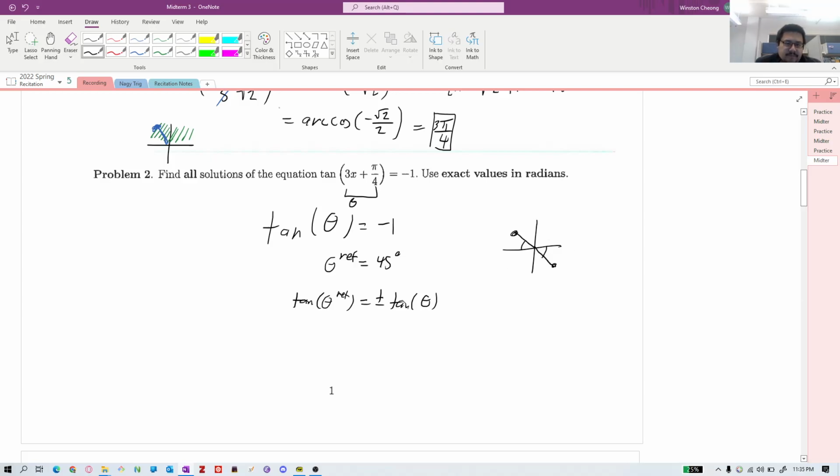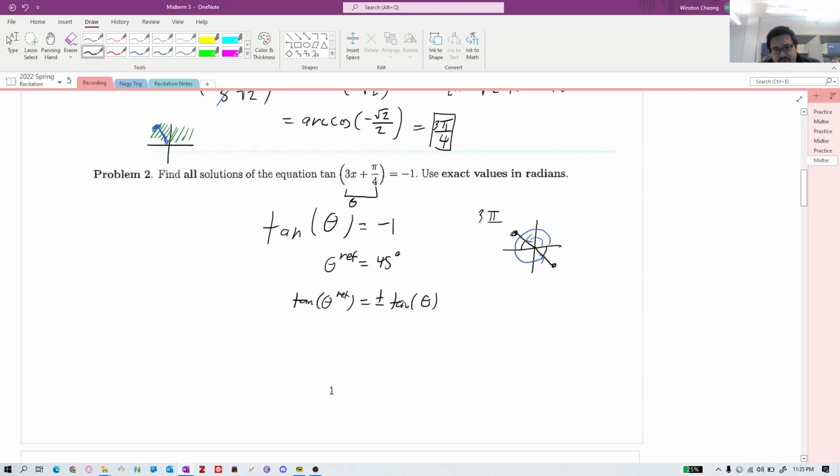But the actual angle that is being displayed here is this one and this large one. Those are the actual angles that these points correspond to on the unit circle. Okay, now let's give names to these angles.